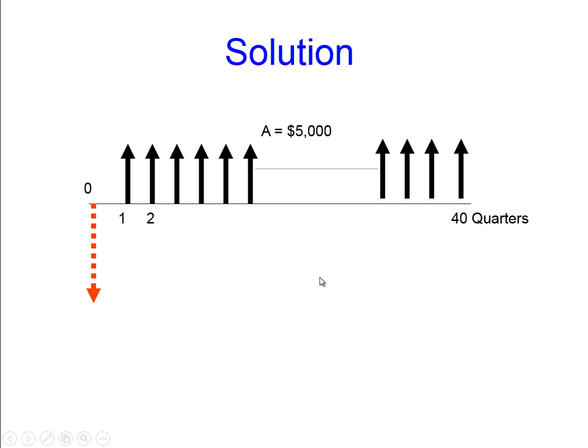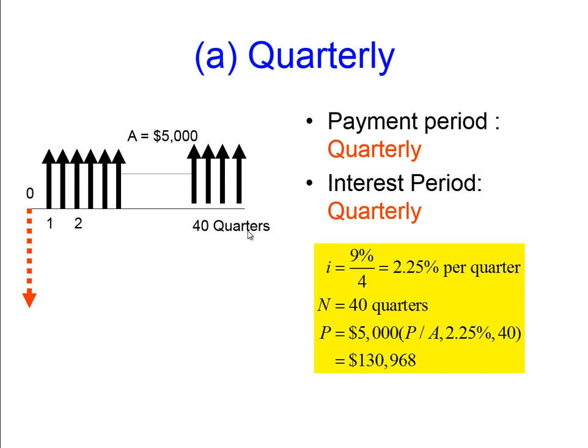What does it mean quarterly? It means that I have a payment period that is equal to a quarter, and the interest period is equal to a quarter. That means that effective I is just equal to the nominal 9% rate divided by 4, which is equal to 2.25% per quarter.